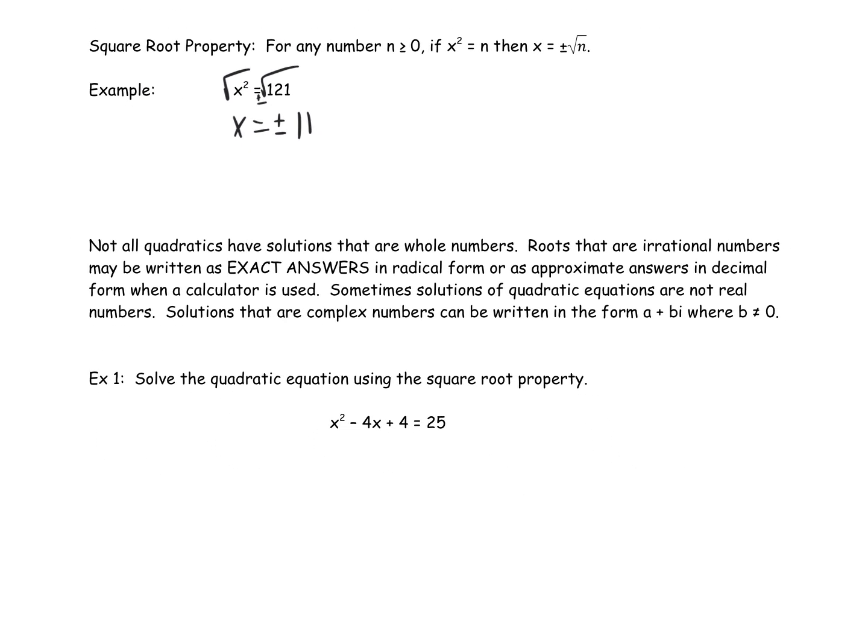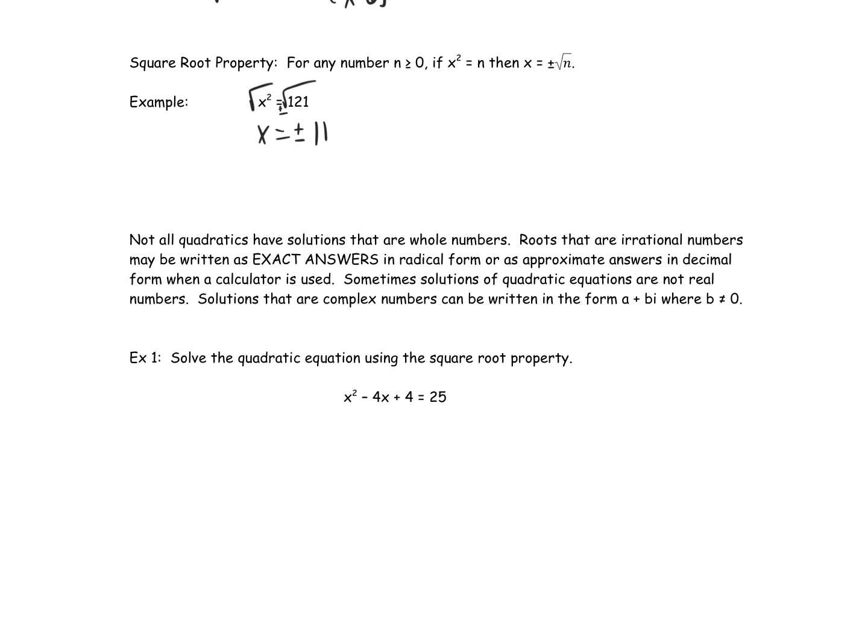Now I do want you to keep in mind that not all quadratics have solutions that are whole numbers. It would be nice if they did, or even if they were all just fractions. But unfortunately, there are roots that are irrational numbers. If you get one of those, I want you to write those as exact answers in radical form, unless you are specifically told to write your answers in decimal form, in which case you can type that number into the calculator and round whatever it spits out.